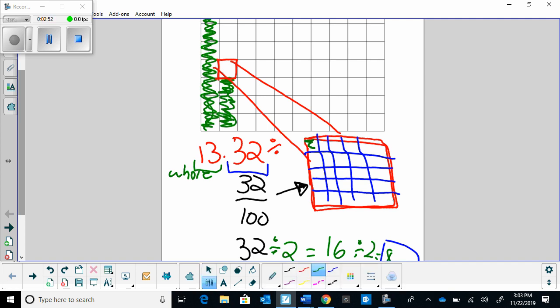So 1, 2, 3, 4, 5, 6, 7, 8. Okay, colored in 8. So on top of the 13 wholes that I had colored here, I also colored in a fraction of this one teeny tiny square, 8 out of 25 pieces.